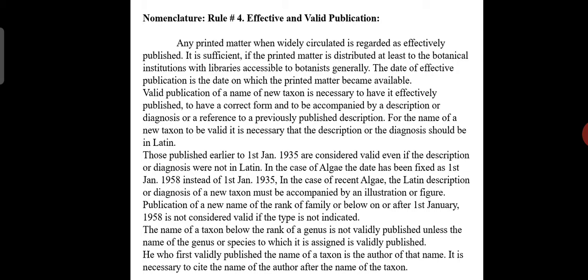The name of a taxon below the rank of genus is not validly published unless the name of the genus or species to which it is assigned is validly published.